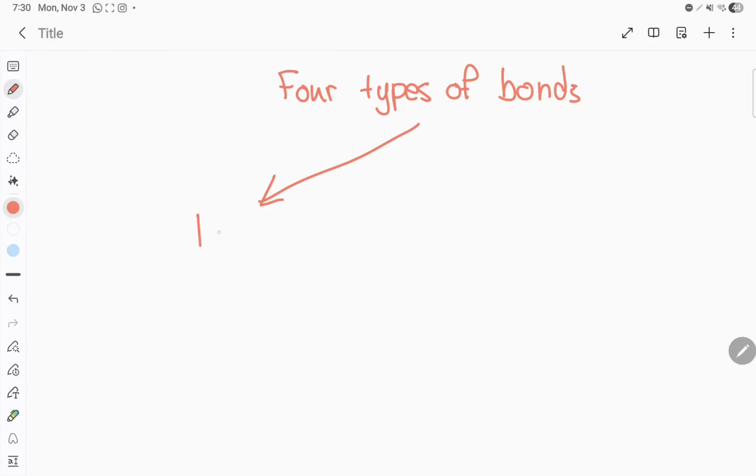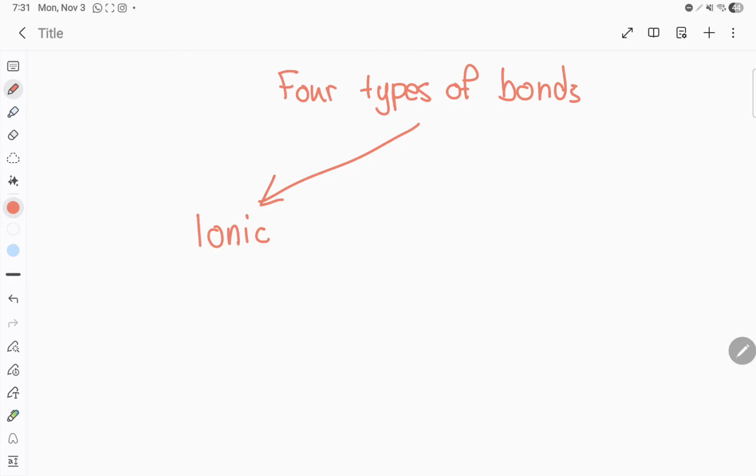So first of all, we all know that we always have 4 types of bonds. Our first type is gonna be our ionic, and we describe ionic bonds as an electrostatic force of attraction between a metal and a non-metal, and it's a really strong type of attraction, like one of our strongest types.